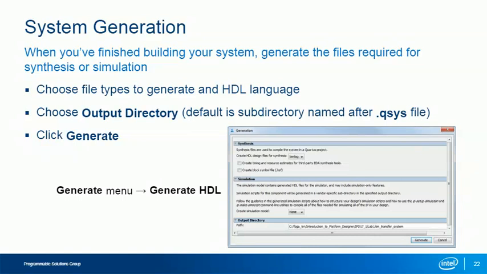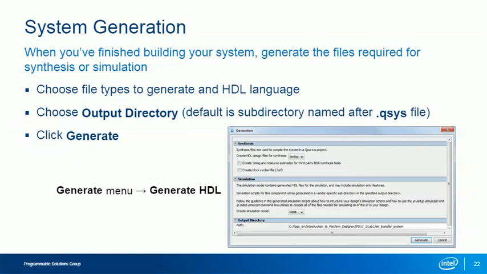Select the files you want Platform Designer to generate based on whether you plan to synthesize or simulate the system. Platform Designer can generate simulation model files for simulation, synthesis optimized files, or a symbol file to be used in a schematic. For both simulation and synthesis, choose the HDL language for the output files.